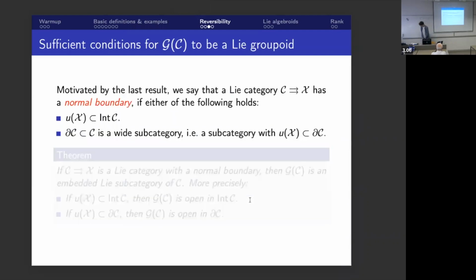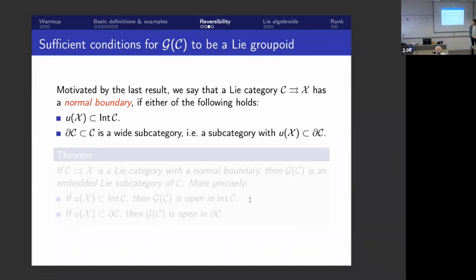In order to continue talking about invertible morphisms, to come up with sufficient conditions for the core to be a Lie groupoid, we now require this to hold: either the units are in the interior or the units are in the boundary.